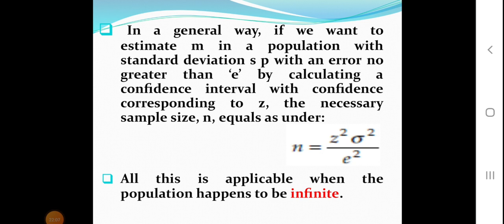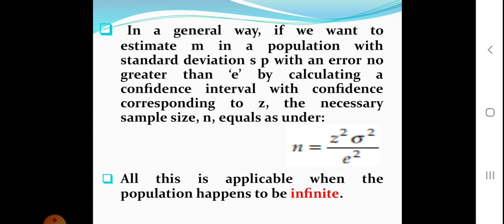In a general way, if you want to estimate the population mean, that means the universe mean, in a population with a given standard deviation of population, with an error no greater than the acceptable error, by calculating a confidence interval with confidence corresponding to Z, the necessary sample size, that is n, equals Z squared multiplied by standard deviation squared divided by acceptable error squared, that is E squared.